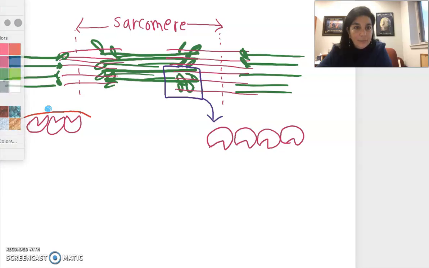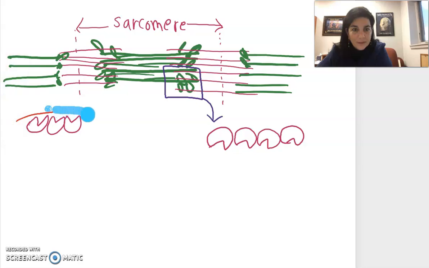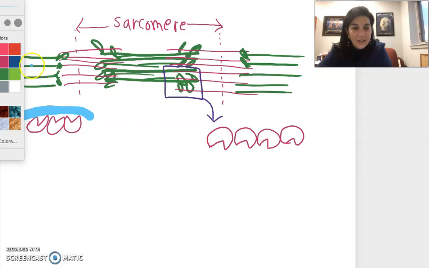And maybe we can make this, actually, let's do this. Let's make tropomyosin a really thick molecule, and this is troponin.